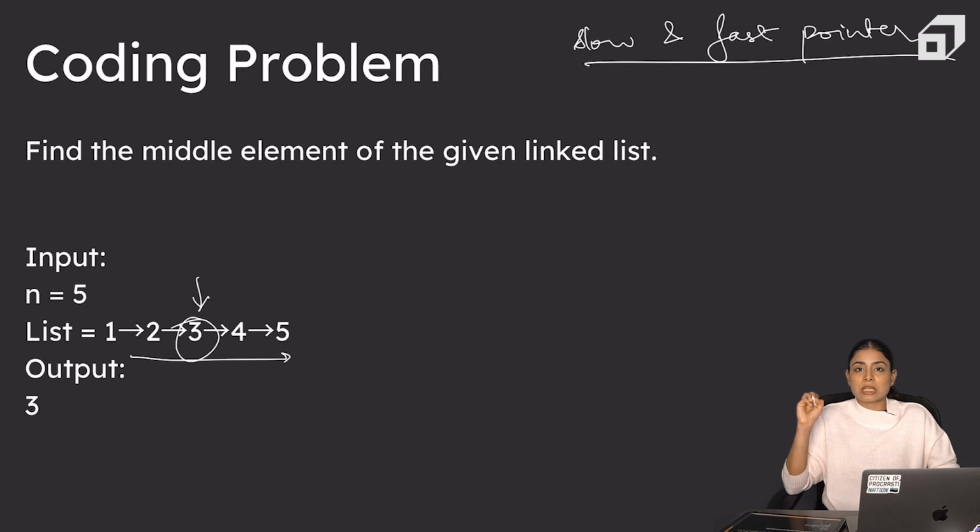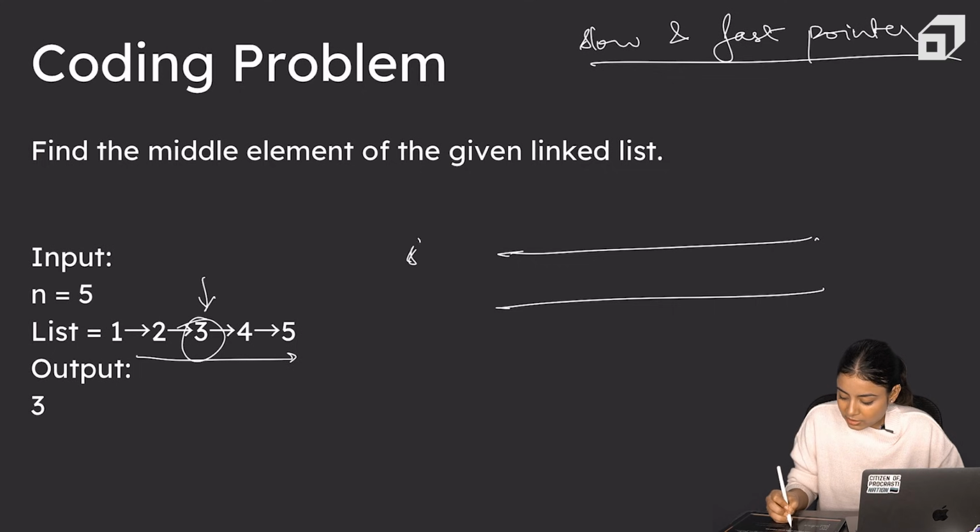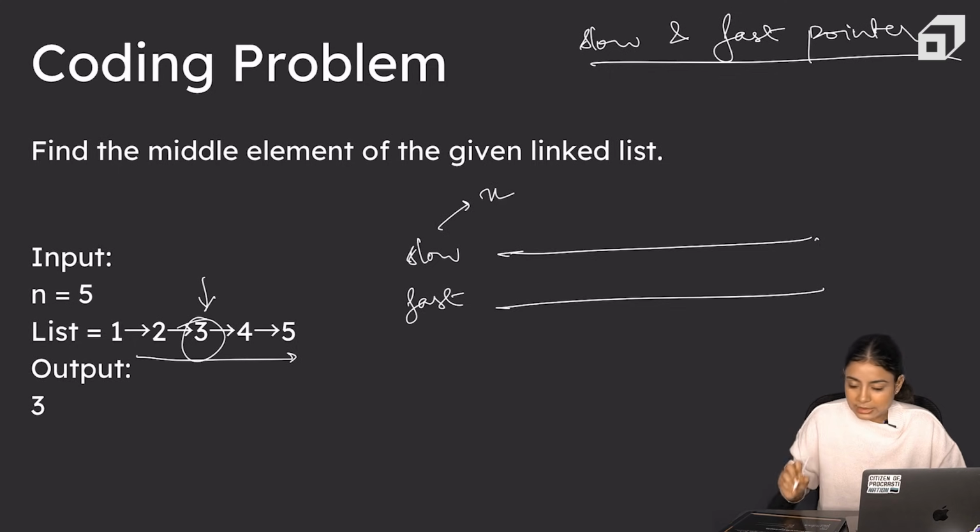Slow and fast pointer. So try to understand, for example, we have a racetrack over here, okay, and there's one person called slow, another person called fast, okay. Now the slow person moves with the speed of x, let's say, and the fast person moves with the speed of 2x. So basically the fast person is moving with double the speed of the slow person.